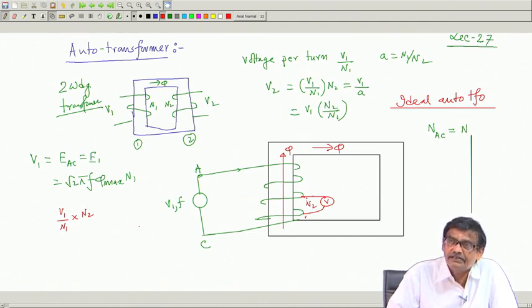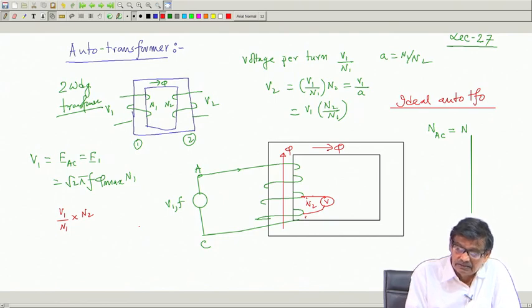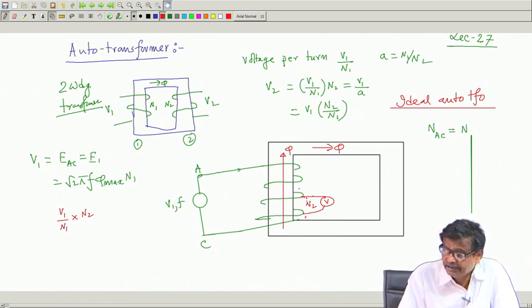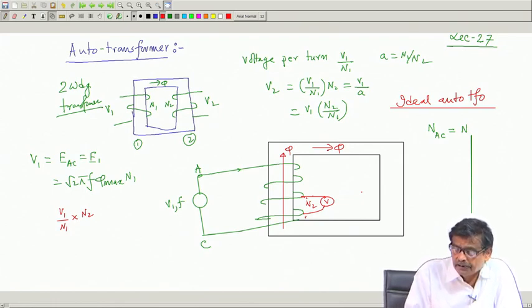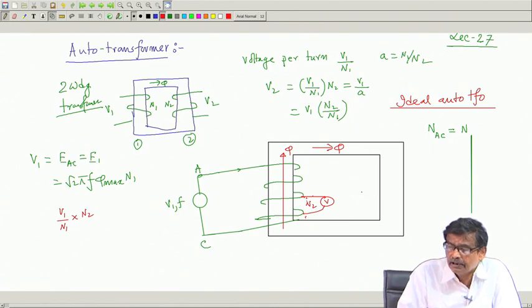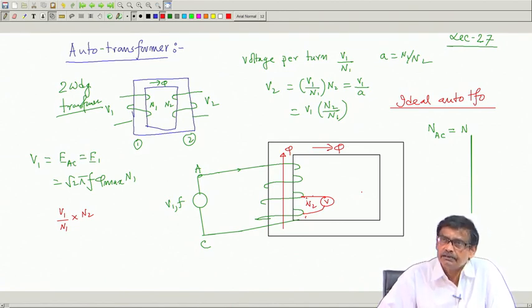Suppose the number of turns N1 is 100 and you have taken tappings at 50% midpoint tappings, then there will be 50 turns there. So, if you have applied 200 volt, you will get 100 volt there, step down will take place.